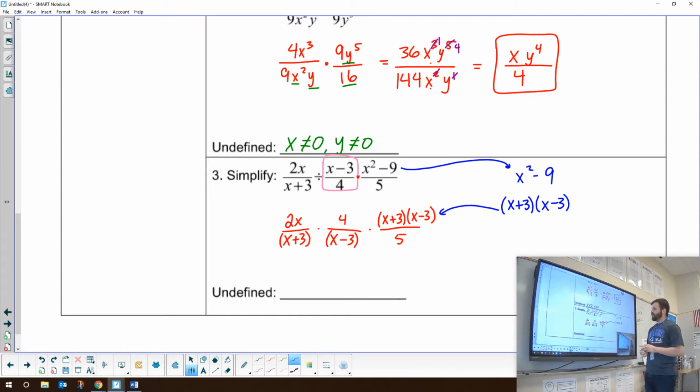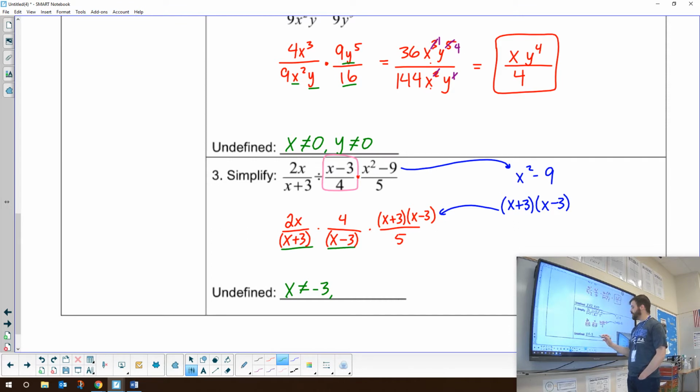Then we can find my undefined values. So remember, when we look for our undefined values, we look at everything that is on the denominator or used to be on the denominator. So x plus 3, that's going to give me an undefined of negative 3. It's the opposite of that.